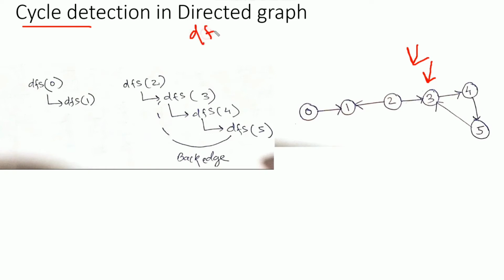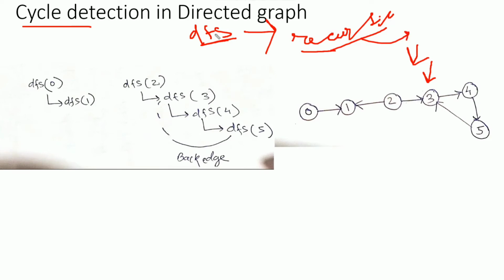This is an application of DFS, that it is used to detect cycle in directed as well as in undirected graph. DFS algorithm has a recursive function, and this recursive function traverses the graph.